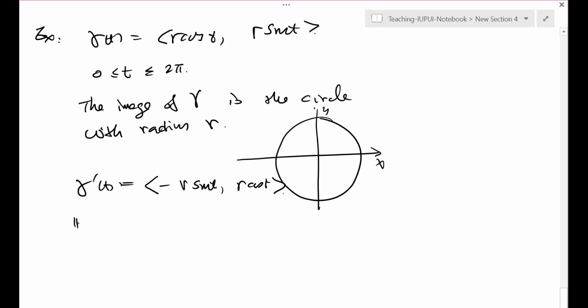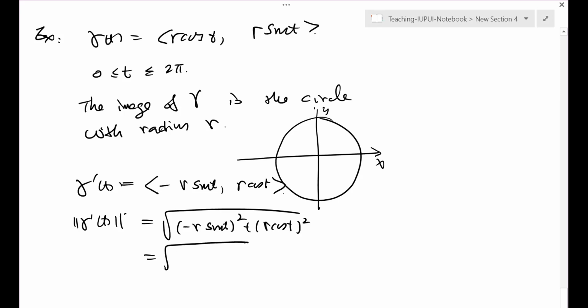So the length of gamma prime is the square root of R squared sine squared t plus R squared cosine squared t. After simplifying, it's R squared times sine squared t plus cosine squared t, and that's just equal to 1, so it's R. So the tangent vector has constant length.